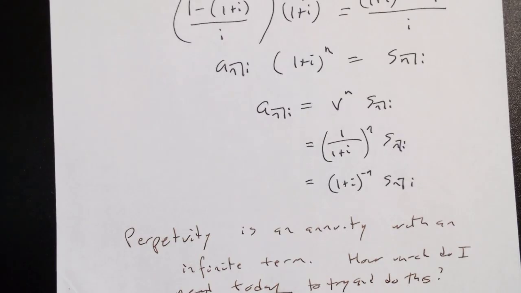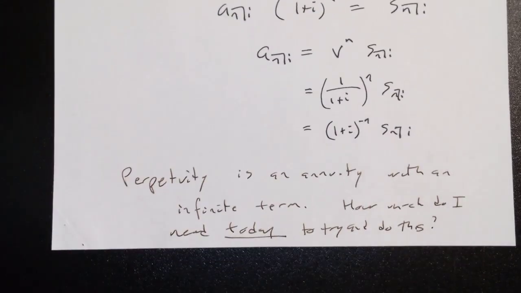This question right here, how much do I need today to do this, is a present value question. So I'd like to think about what happens to my present value idea as time goes off to infinity.